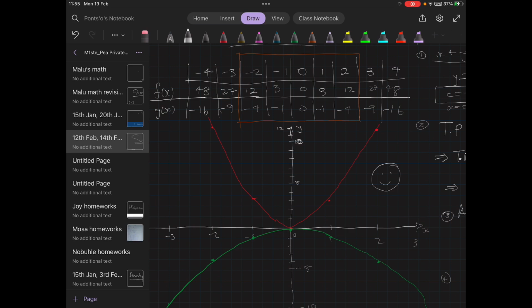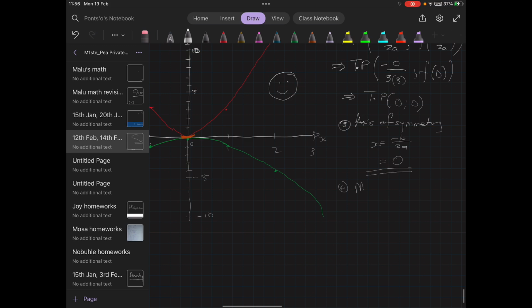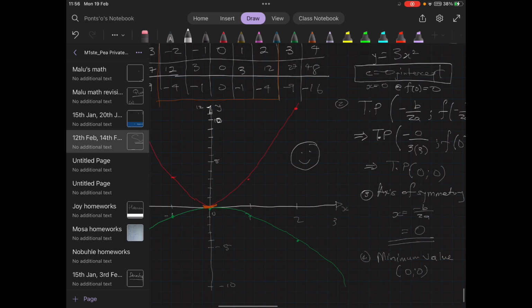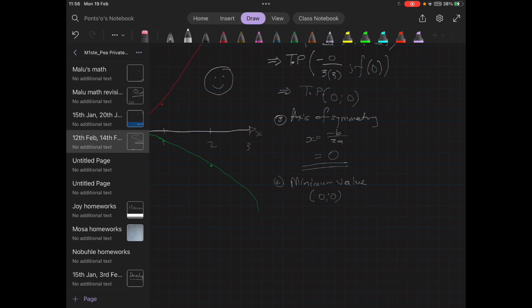Our minimum value is at the bottom of the graph, where the smile has its lowest point, and that corresponds to the point (0, 0). As for a maximum, we don't have one because it's not a downward facing parabola. If it was, we'd have a maximum at the turning point.